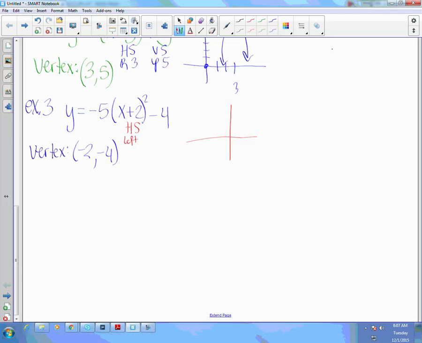How many? 2. Okay, 4 words for the minus 4. Kevin. Vertical shift, down, 4, because it's the same. Vertically, your options are up and down. The negatives are down. Okay, put the calculator down. We don't need it right now. So on our graph, we go from the origin left 1, 2, and down 1, 2, 3, 4. The vertex makes sense because it's at negative 2, negative 4.